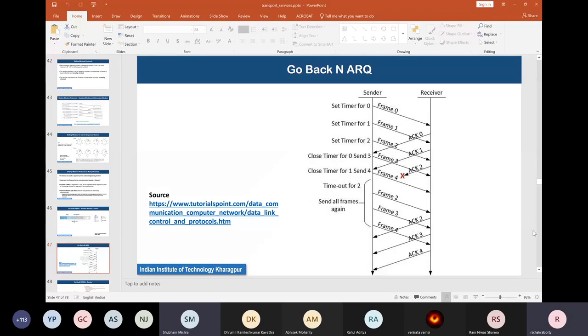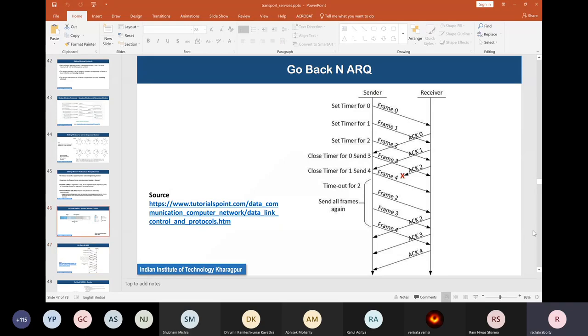Previous packets on which side, sender or receiver? Sender side. If we want to go back N packets, then we also need to store them and keep them intact, right? Very good. Yes.